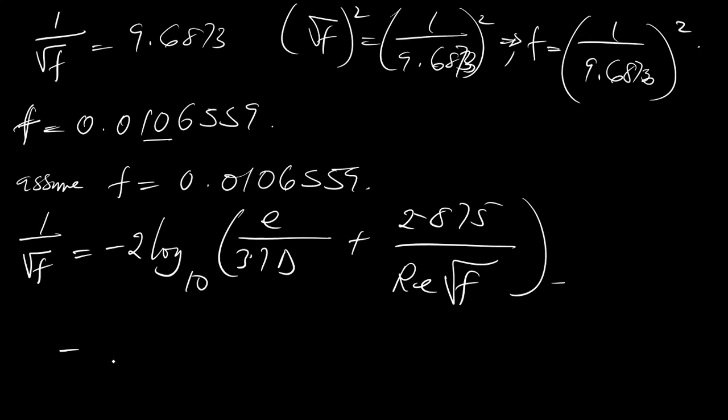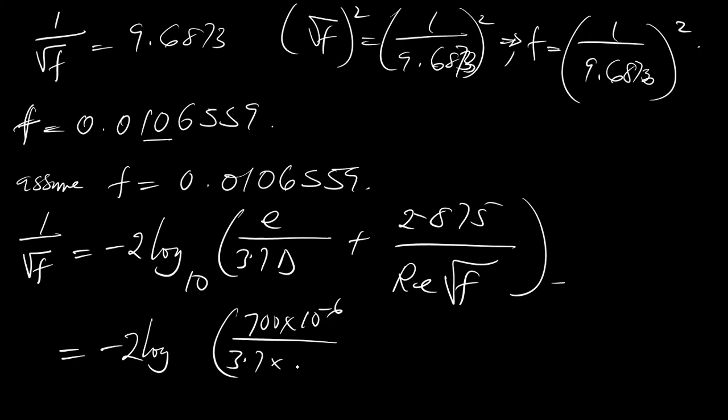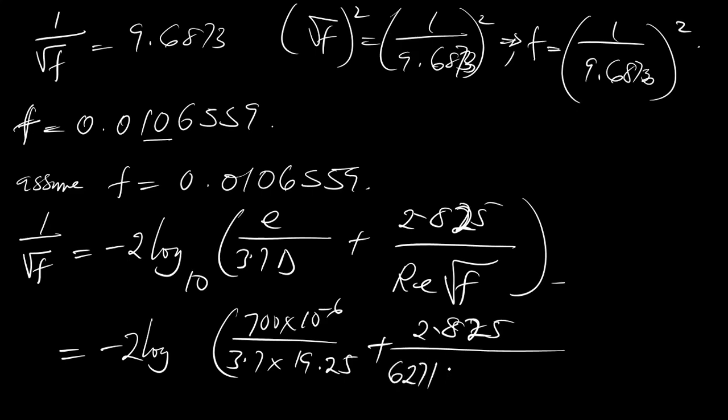So I will now say minus 2 log of 700 times 10 raised to the minus 6 divided by 3.7 times 19.25 plus 2.825 divided by the Reynolds number, which is 6271125, divided by the square root of the assumed value of f, which is 0.01065559.